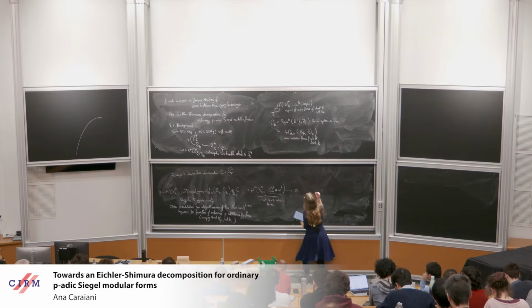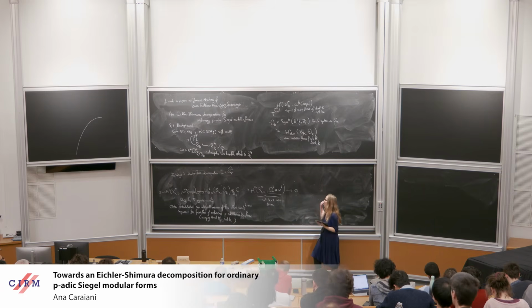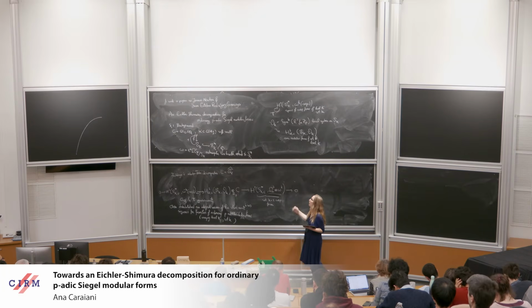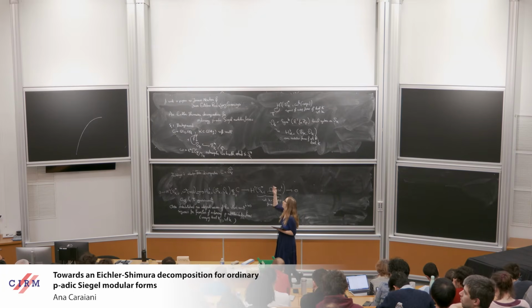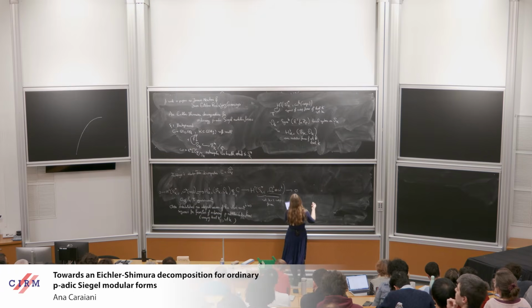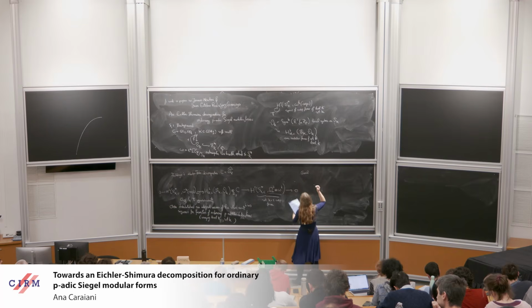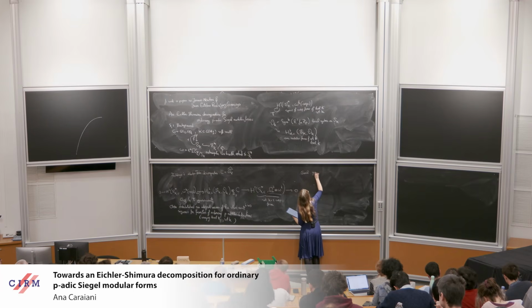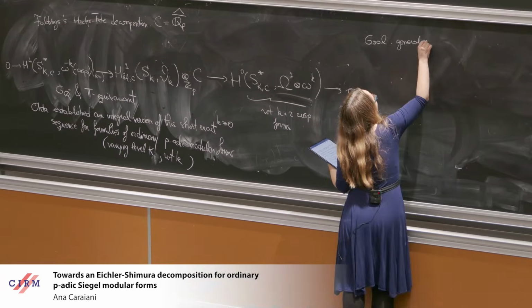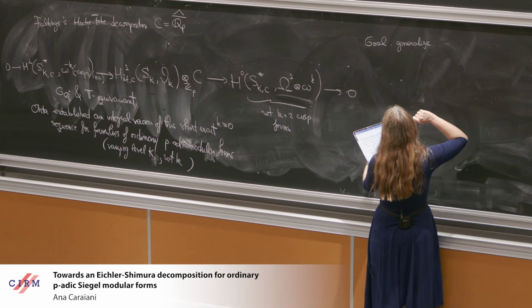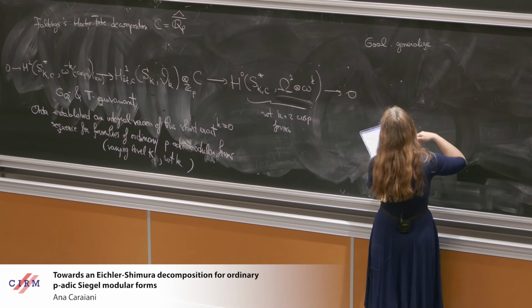Okay, so the goal for this talk is to generalize this result of Ota to the case of the group GSp_{2g} over Q. So kind of long-term goal might be to generalize to other Shimura varieties, but I'll explain why this is specifically in the case GSp_{2g}, something within reach.